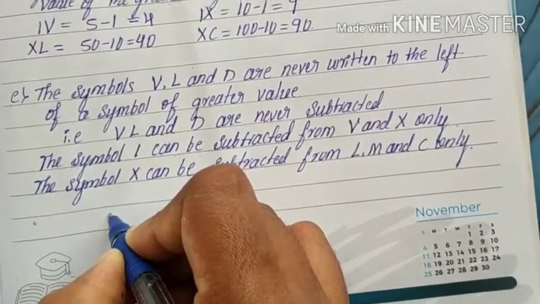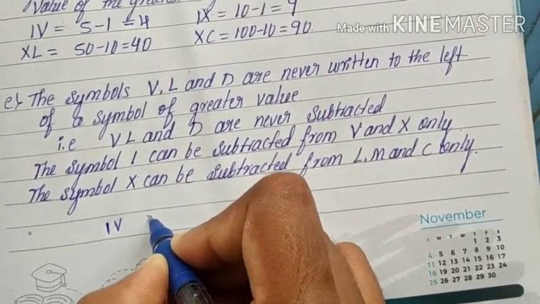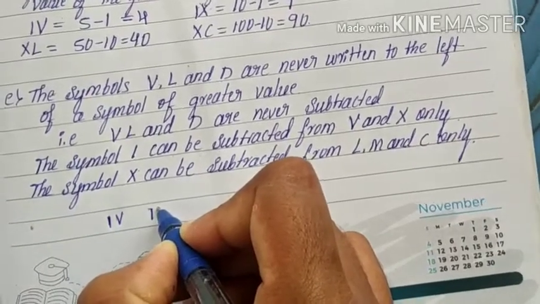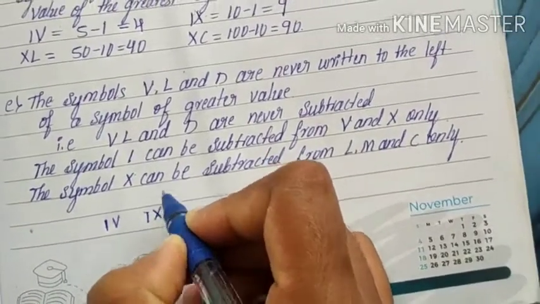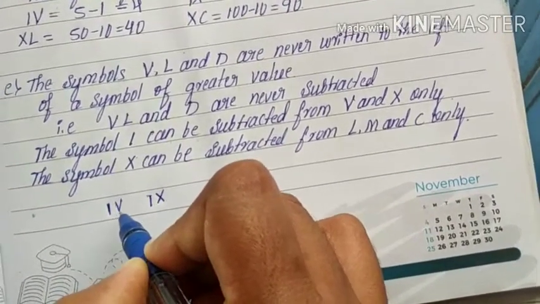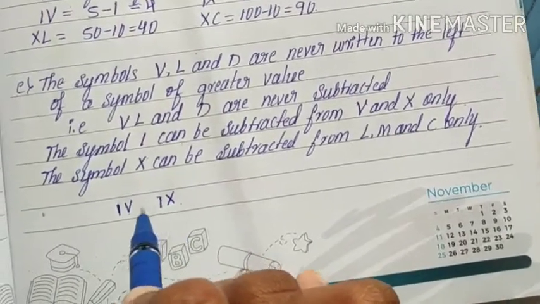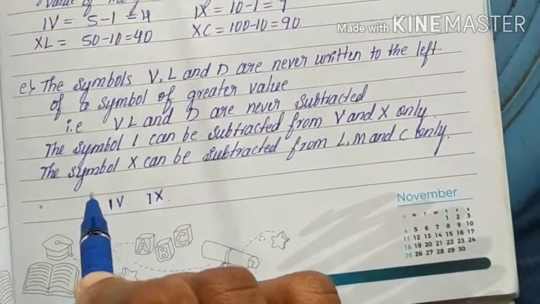See here, we will write 4. How will you write? We subtract 5 minus 1, right? If we write 9, we subtract 10 minus 1. But the symbol I can be subtracted from V and X only, not from any other numerals.